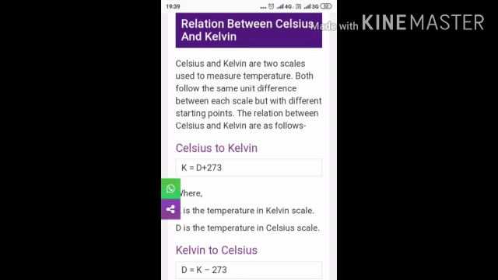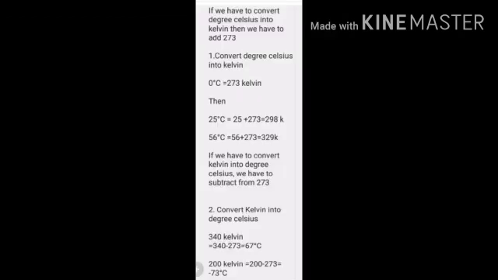You can see in this slide also that if you have to convert degree Celsius into Kelvin, add 273. As I have mentioned, 0 degree Celsius is always equal to 273 Kelvin. So if 25 degrees Celsius is given to you, you have to write 25 plus 273 is equal to 298, and its unit will be changed from degree Celsius to Kelvin.